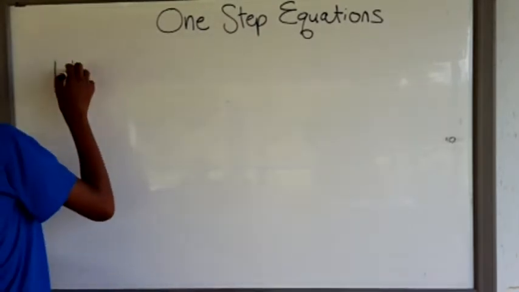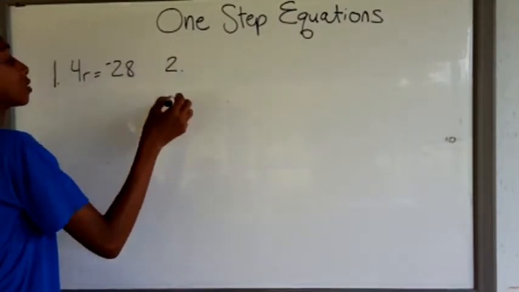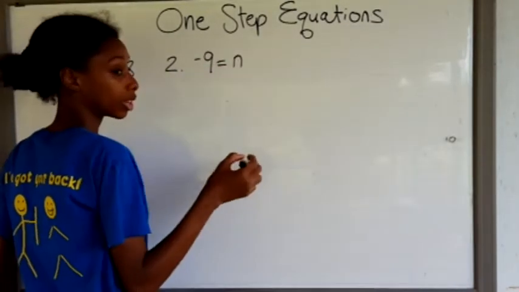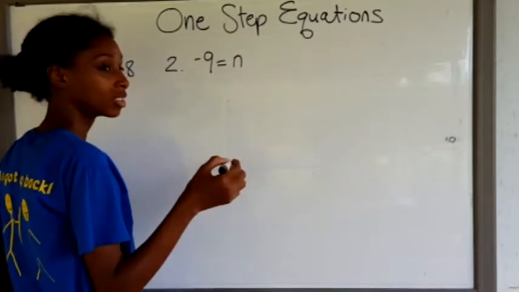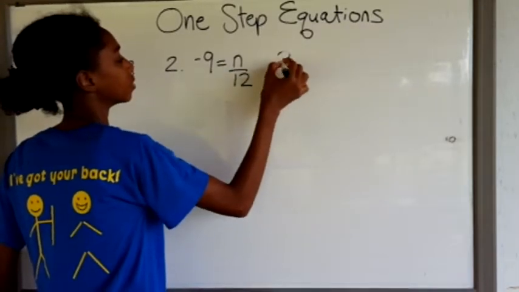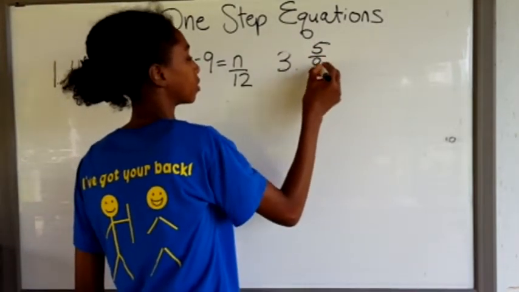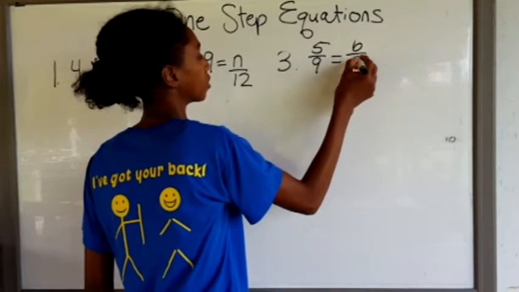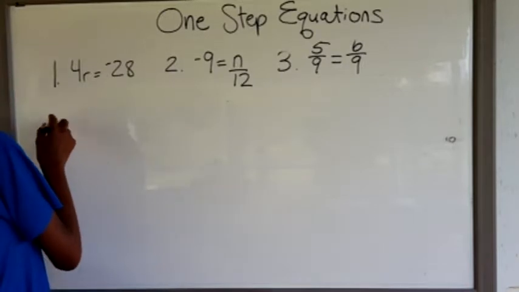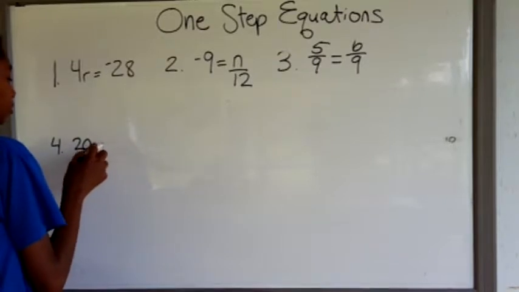4r equals negative 28. Negative 9 equals n over 12. 5 over 9 equals b over 9. 20v equals negative 160.